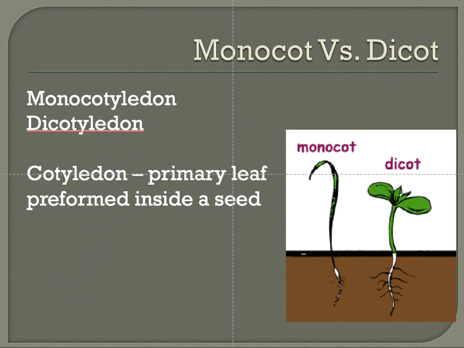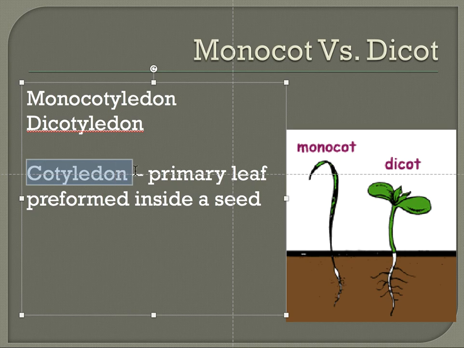But they're dicots. If you have forgotten what a dicot versus a monocot is, here's just a little information. A cotyledon is the primary leaf that is preformed inside a seed. So when a seed is formed, it already has these two tiny little leaves that are ready to grow as soon as that seed germinates.